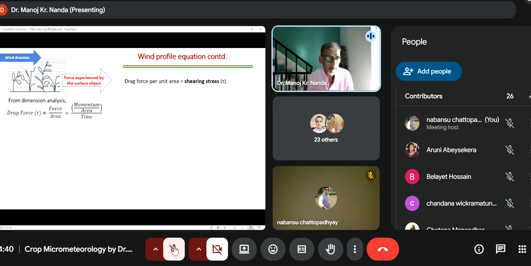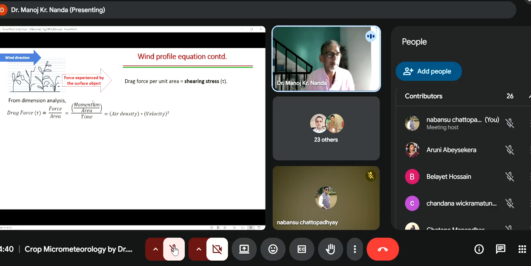So you can define it in terms of momentum by area by time. Now, if you put it as area, momentum, time, let us separate the velocity part separately, and it becomes air density into velocity square.